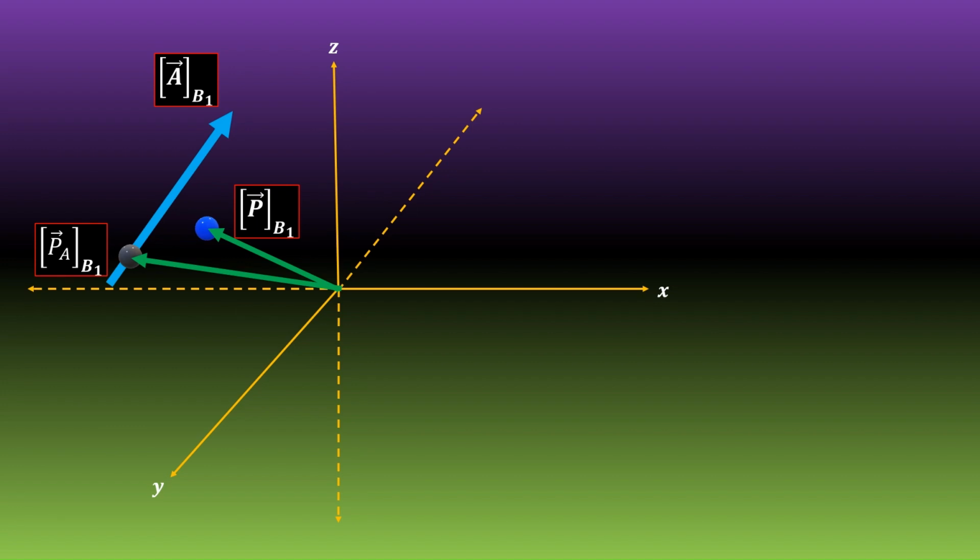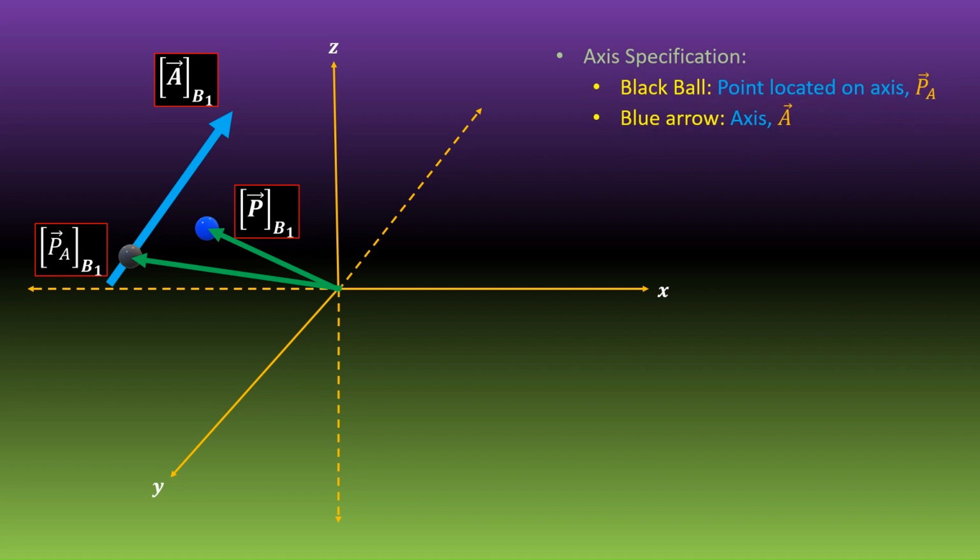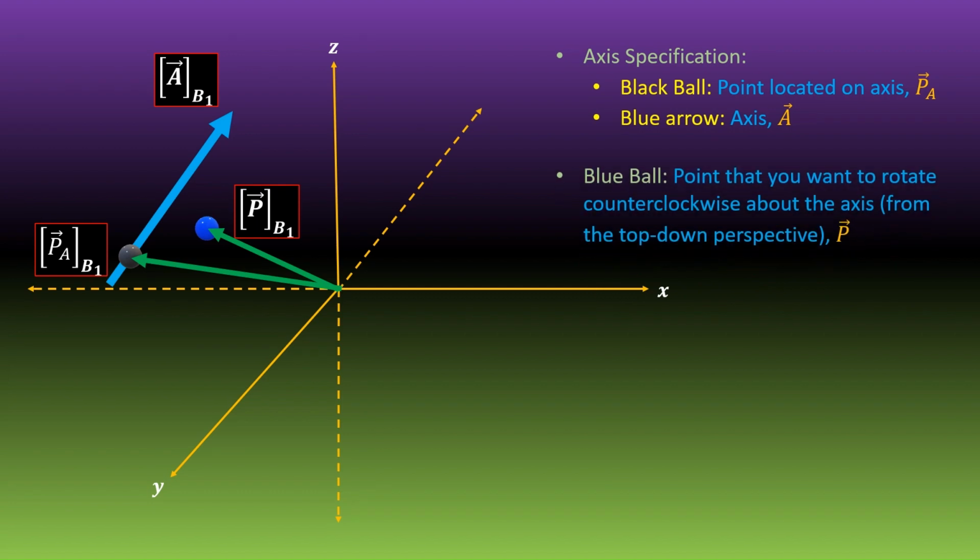We'll have a position vector denoting the point P sub A in terms of B1 basis. That's just a point on the axis that is used to specify the position of this axis. Then we also have the blue ball, as we explained.